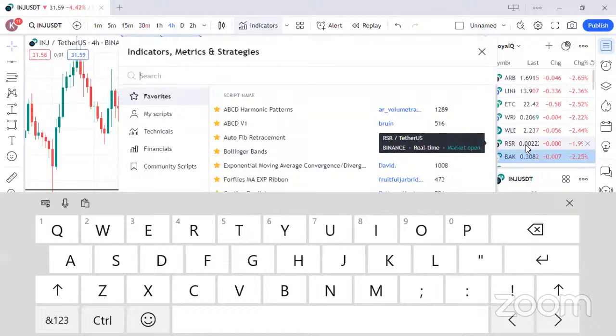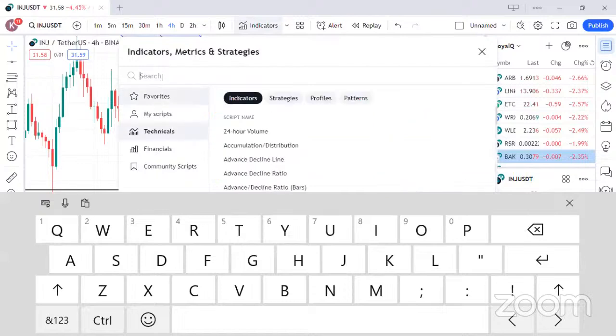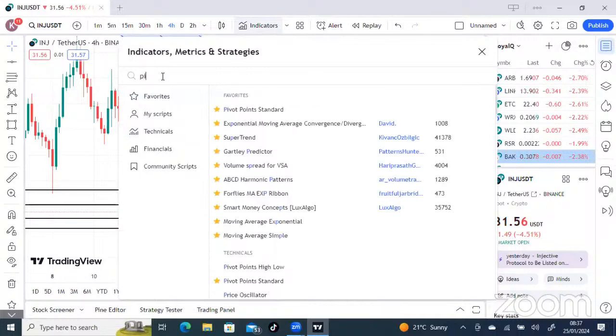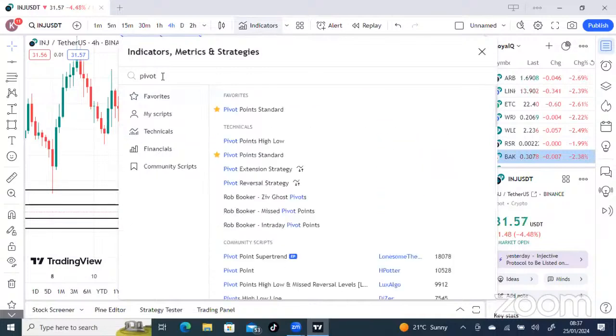Let me start with that. And the indicator, come on technical. The indicator is called pivot point standard. I'll explain tomorrow, but I want to leave the indicator. Tap on the star.